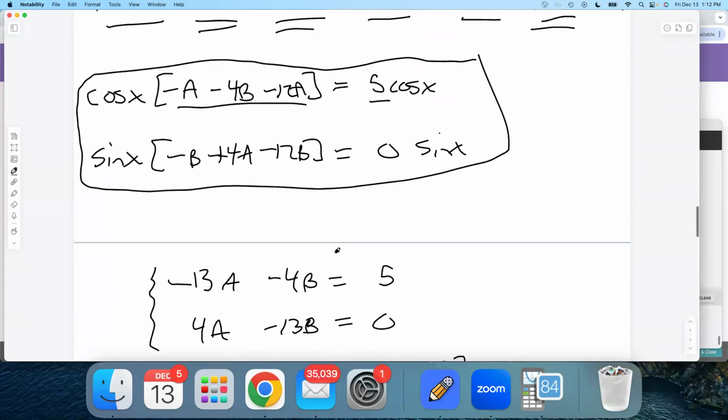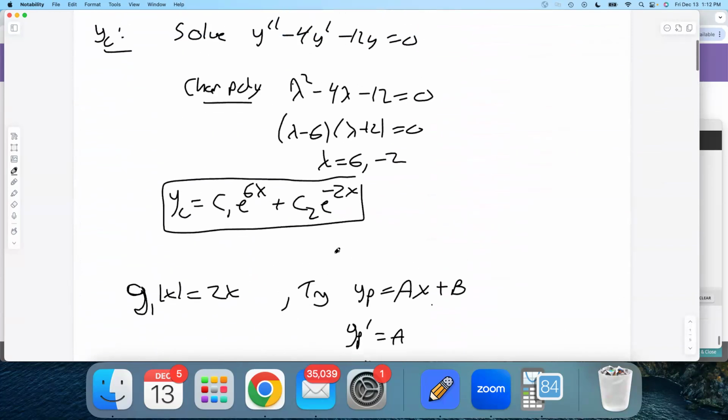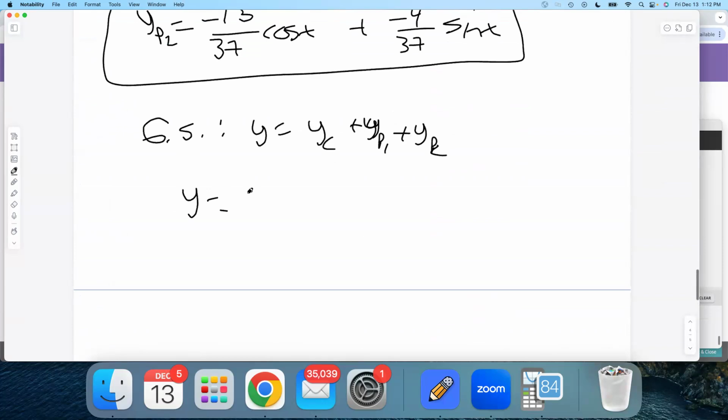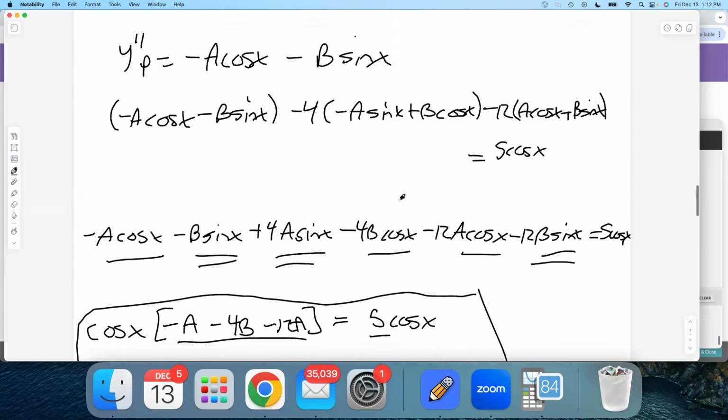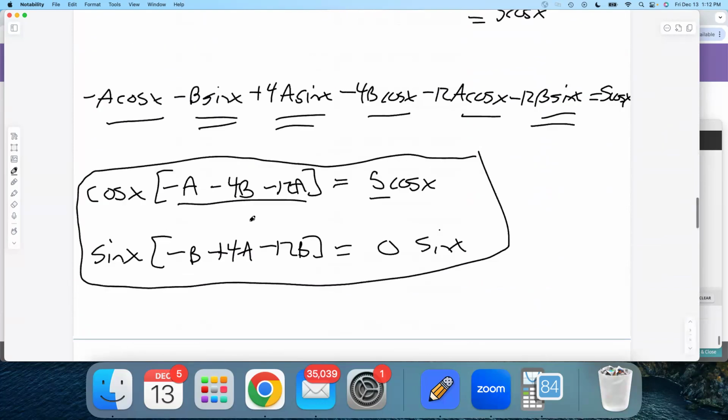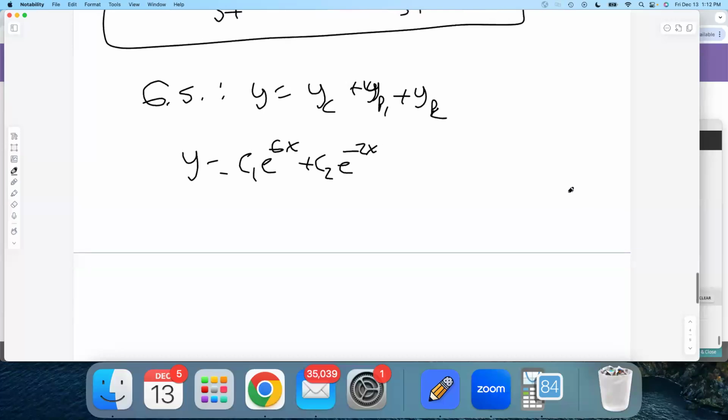All right, and it's a good thing we circled those all the way down. So we had 6 and -2. We had that first solution we got from that linear non-homogeneous part, -1, 6 plus 18, 1 over 18.